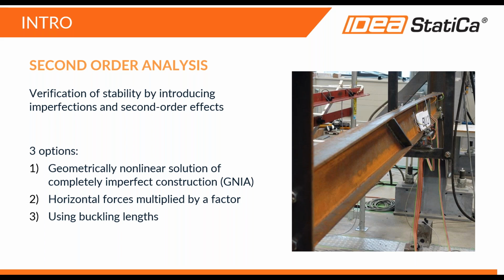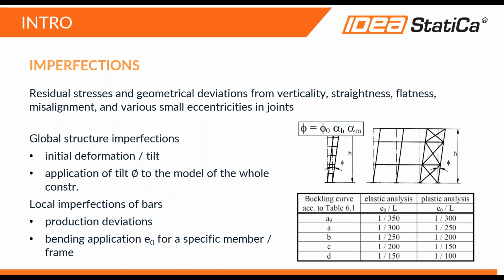On the other hand, of course, it usually leads to over-designing the member cross-sections and so on. Third option, this is the hand calculation or the analytical approach as described in the codes. It's represented by the buckling length determinations, and so on. So that's the tools we have.